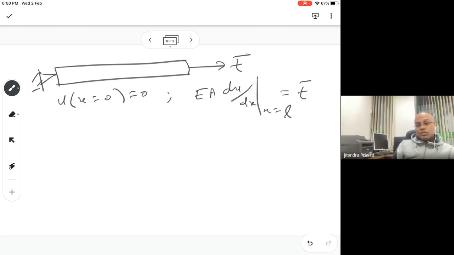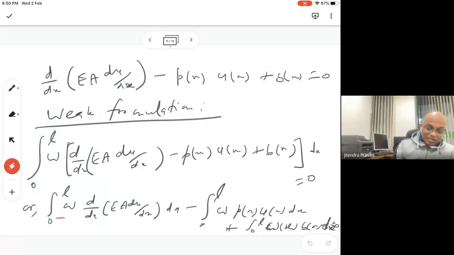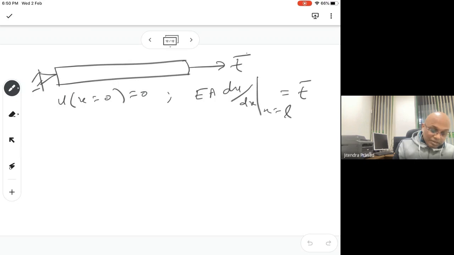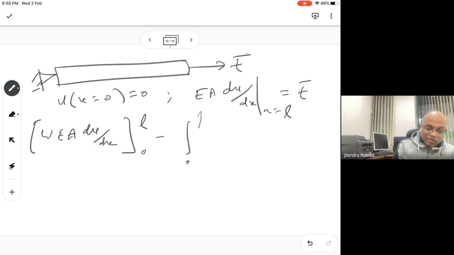These boundary conditions you have to put in here. If you work on this one, it will simply look like W EA du over dx evaluated from 0 to L, minus the integral from 0 to L of EA du over dx dW over dx.